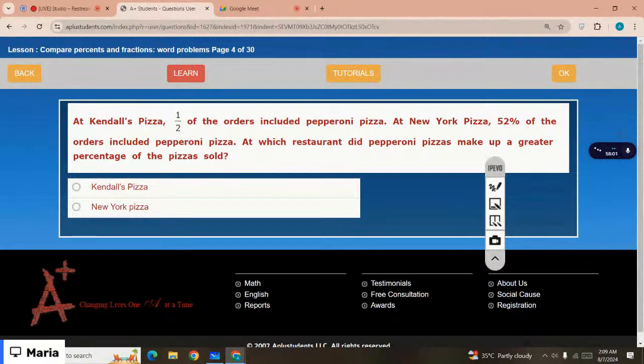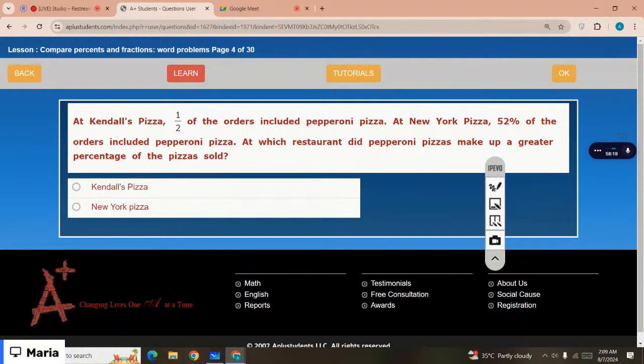At Candle's Pizza, half of the orders included pepperoni pizza. At the New York Pizza, 52% of the orders included pepperoni pizza. At which restaurant did pepperoni pizzas make up a greater percentage of the pizzas sold?